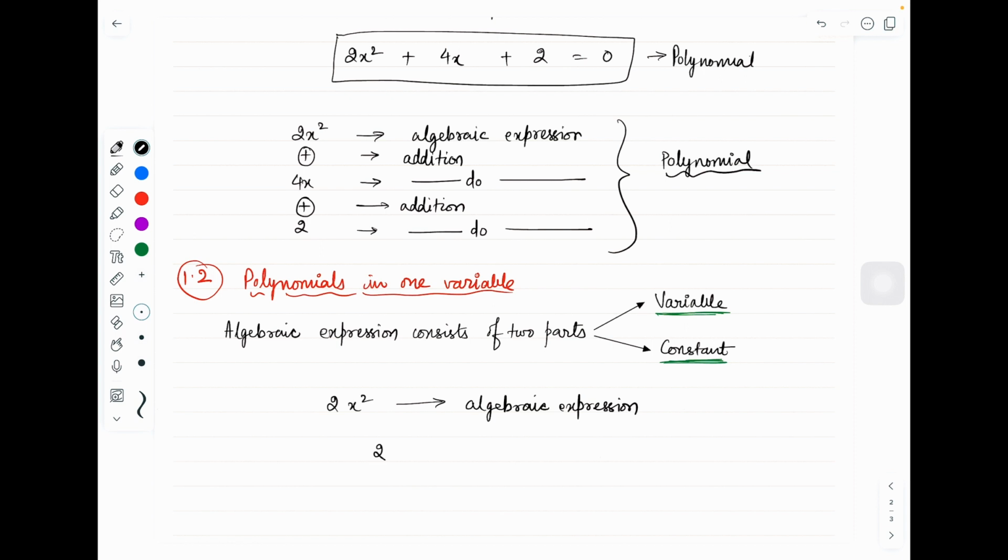One part is 2, one part is x square. See, the value of 2 is never going to change.